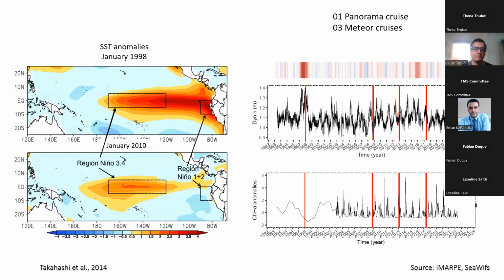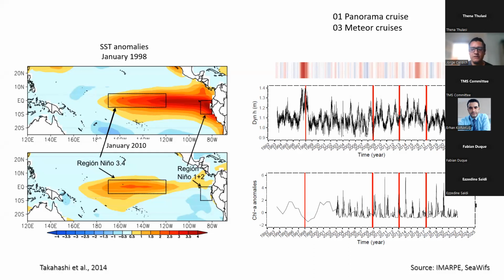I want to talk again about the ENSO variability, because it's very important if we talk about the interannual scale in Peru. For this matter, we don't use the Niño 3.4 region that is in the Central Pacific. We better use the Niño 1+2 region because it's closer to our area, and it indicates more direct effects for our area.